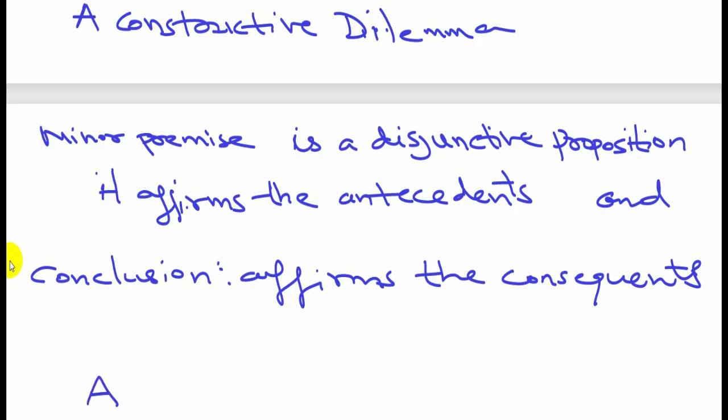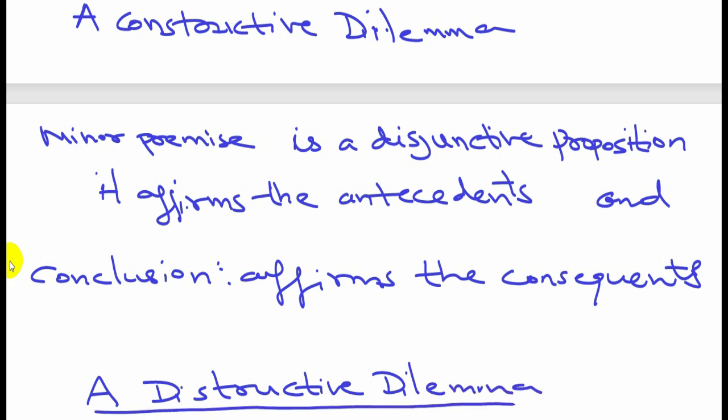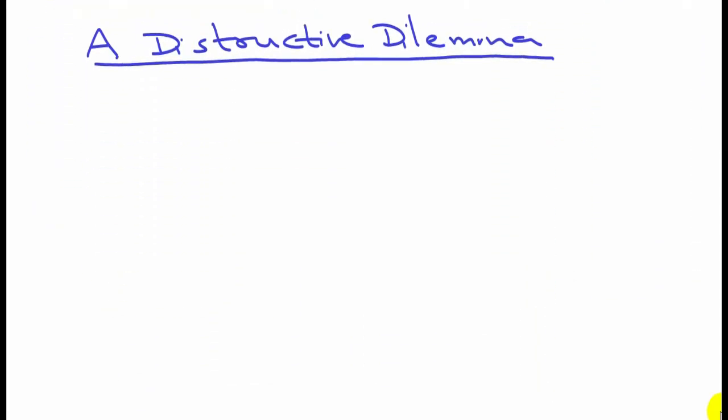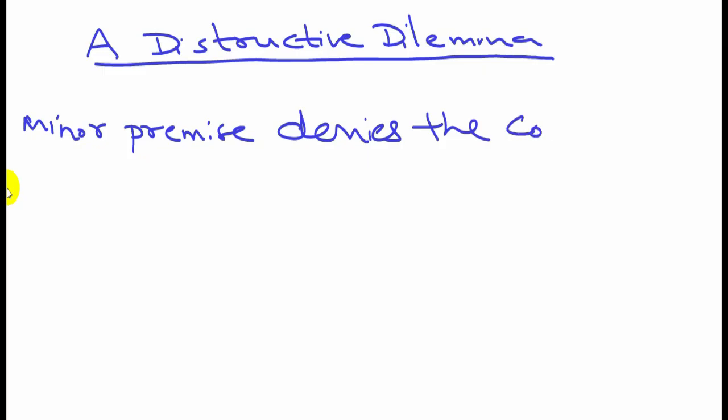In a destructive dilemma, the minor premise denies the consequence. And the conclusion denies the antecedents.